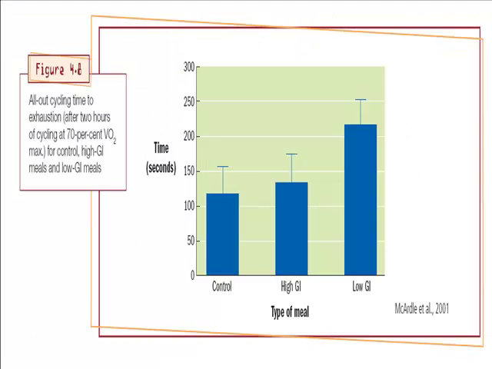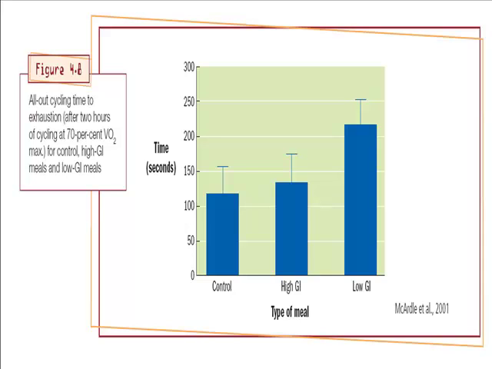Didn't know that one. Okay, what we've got, the type of meal, all out cycling to exhaustion. After 2 hours of cycling at 70% of max for control, high GI and low GI meals. So look at that. Low GI, sustained energy release, and look how much they could go. So let me explain what happens here.